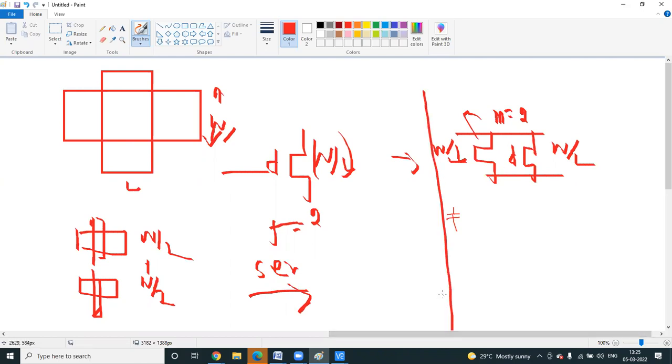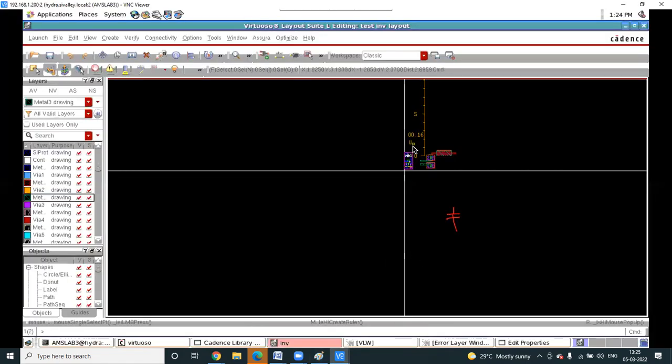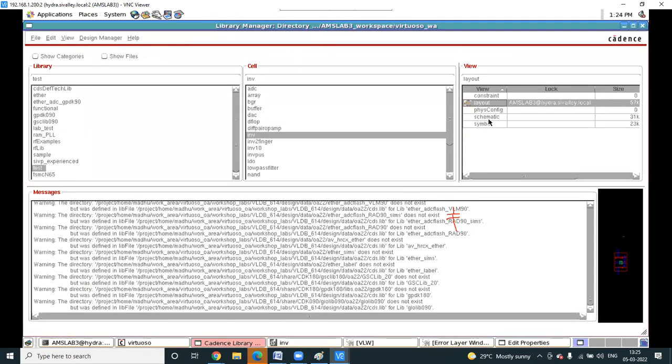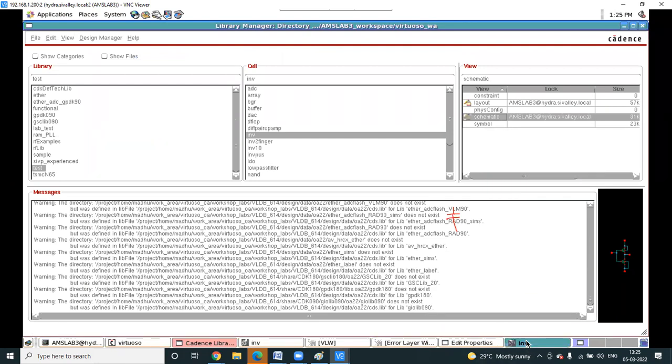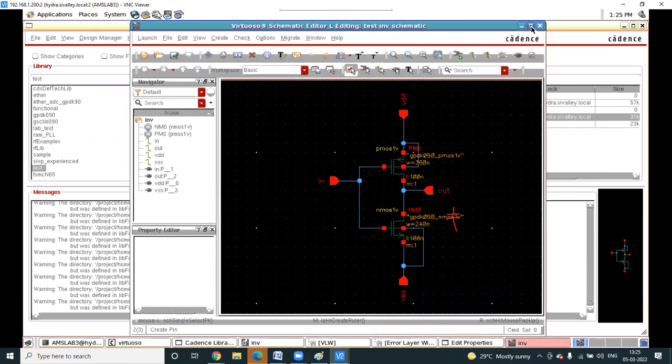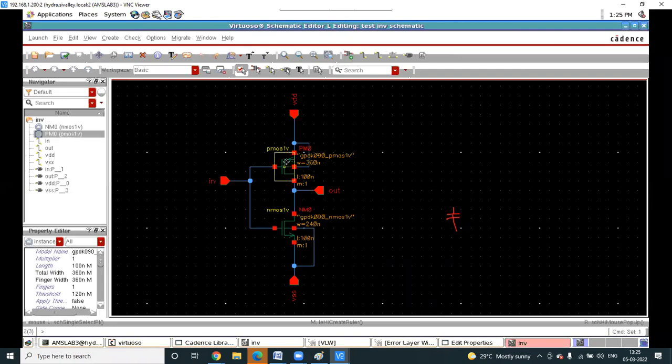Sometimes in the interview they are asking what is multiplier and finger. You can take an example and tell them, and the layout you can see. One example is multiplier. So I will give you 2 multiplier.